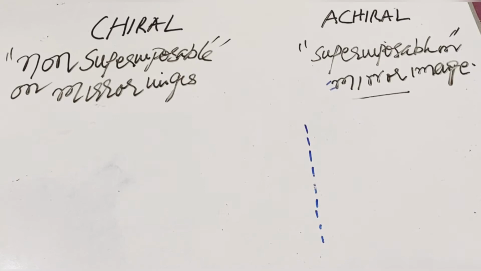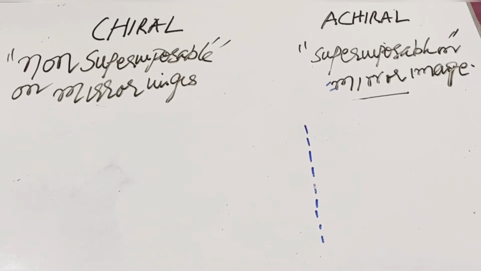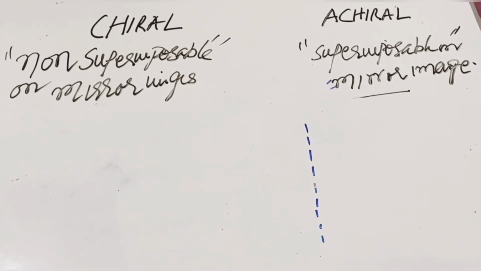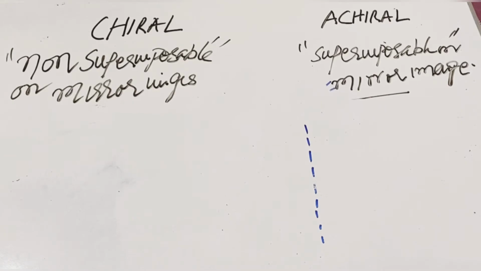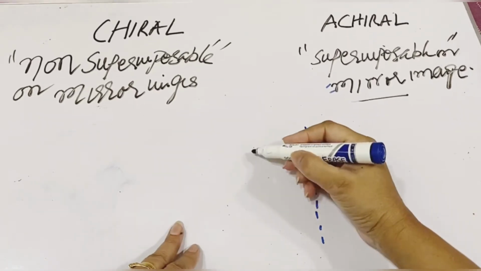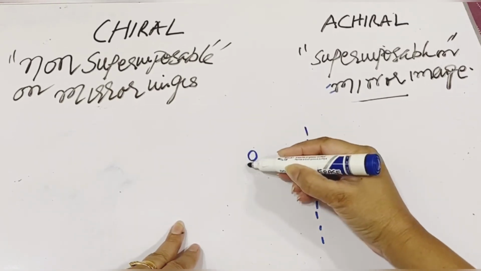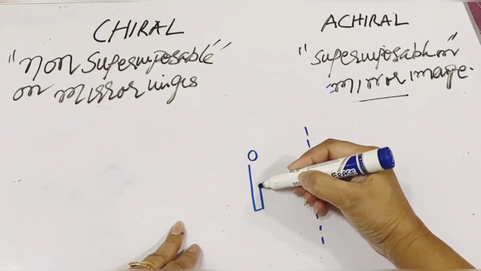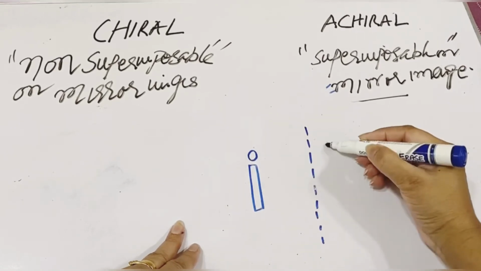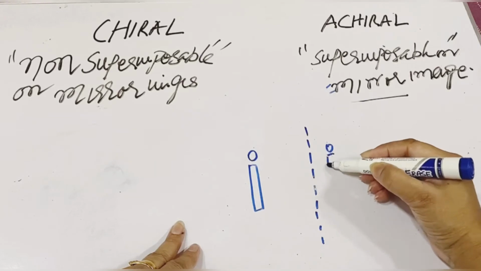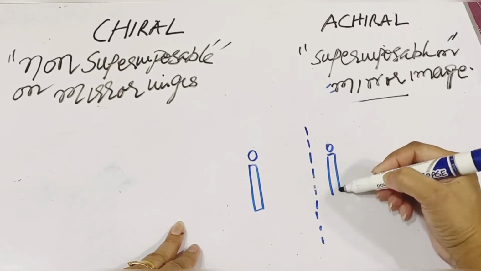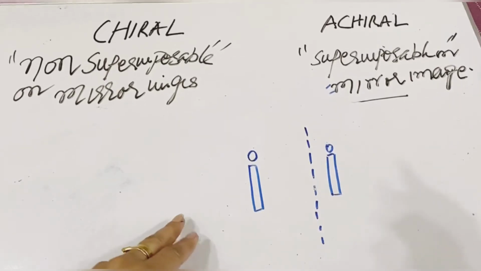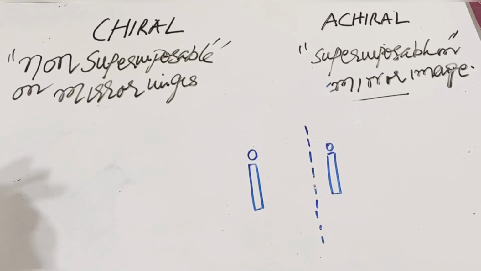Even I can show you another very interesting example of an alphabet. Alphabet I. You can superimpose them easily. The alphabet I is achiral.